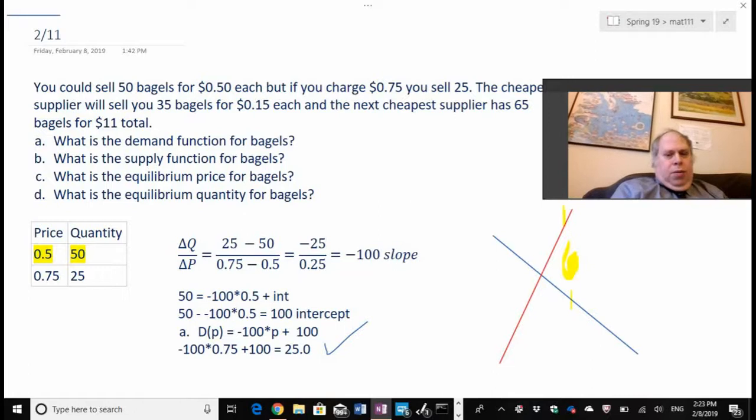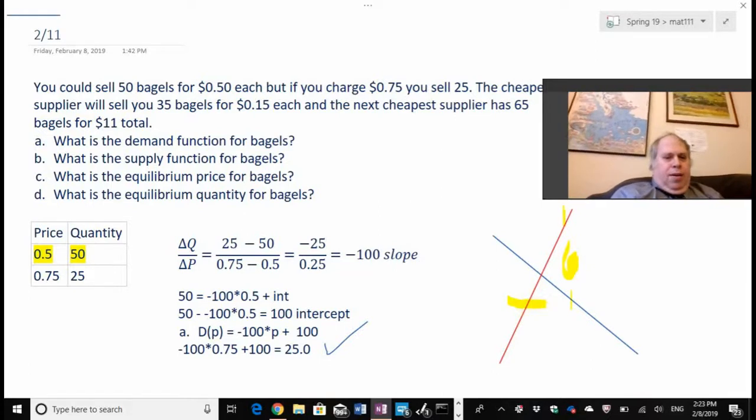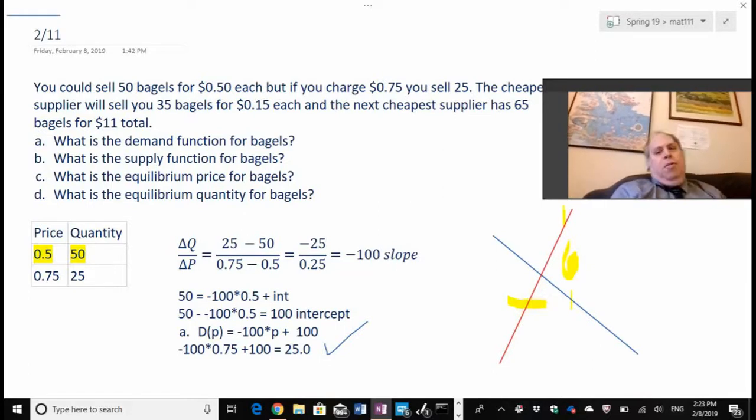So let's say you're only buying this much over there. You only want to buy as much as you're going to sell. So that area would be your profit.